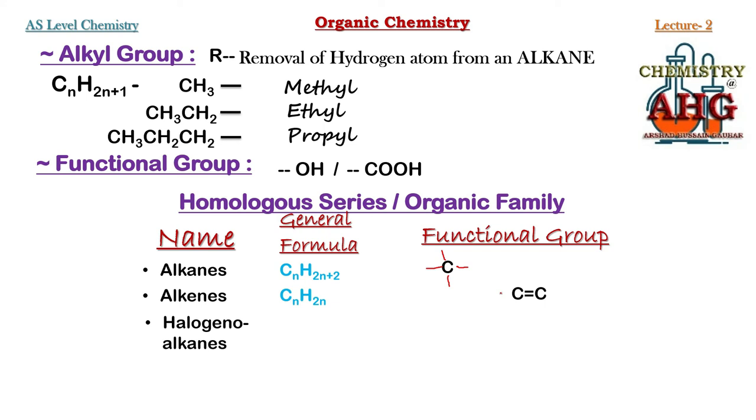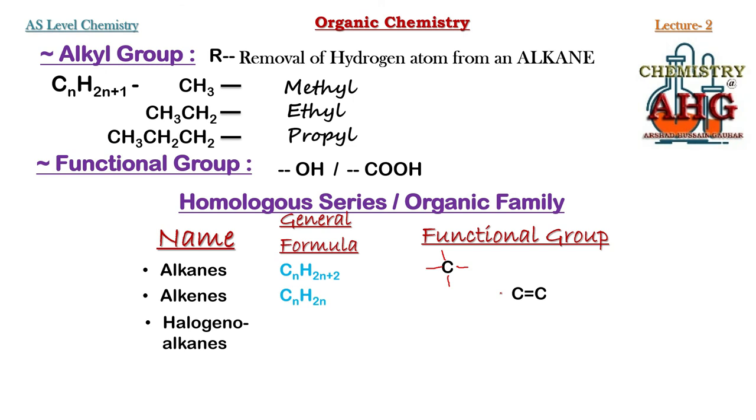As the name indicates, this is an organic family where a halogen atom is the functional group. Just remember the name; by remembering the name, you can recall the general formula and the functional group quite easily. How is that? Every homologous series other than alkanes and alkenes is derived from the alkyl group. So just remember the general formula of the alkyl group, and where there is one less hydrogen atom, that hydrogen atom must be replaced by the functional group of the new organic family.